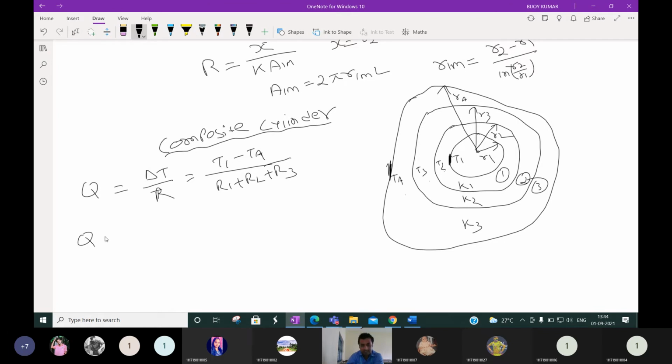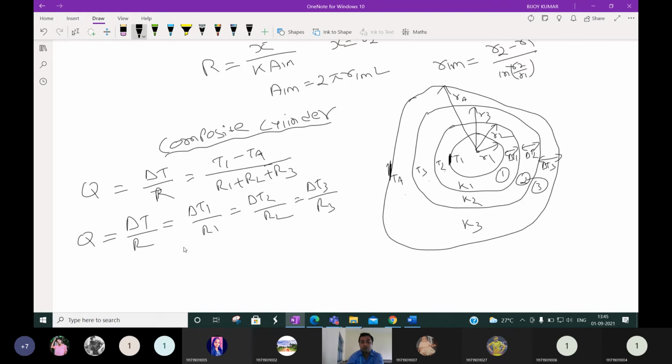This Q value we can again write as del T by R is equal to del T1 by R1 is equal to del T2 by R2 is equal to del T3 by R3. Where delta T1 is the temperature difference in the first wall, delta T2 is the temperature difference in the second wall, and delta T3 is the temperature difference in the third wall.